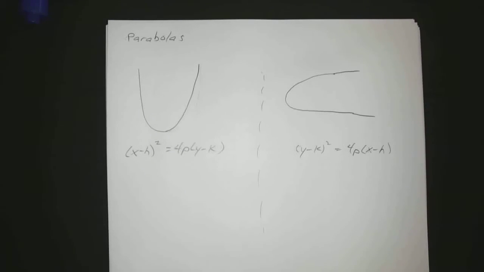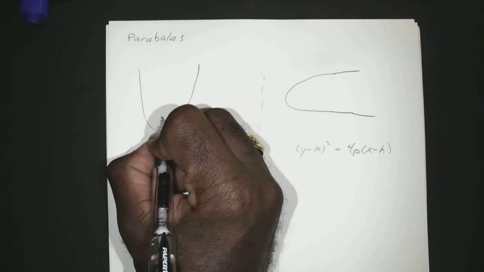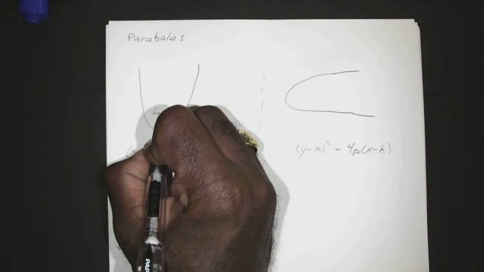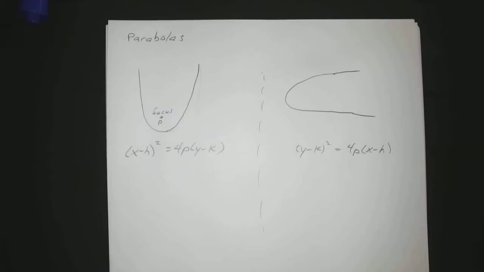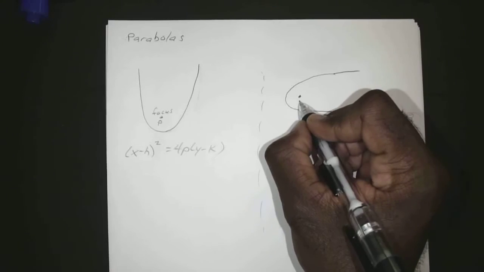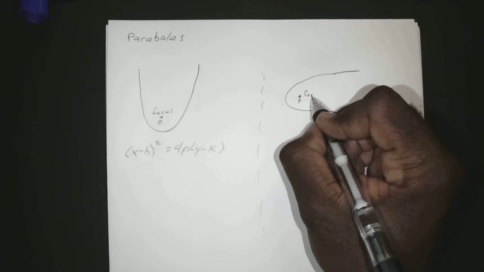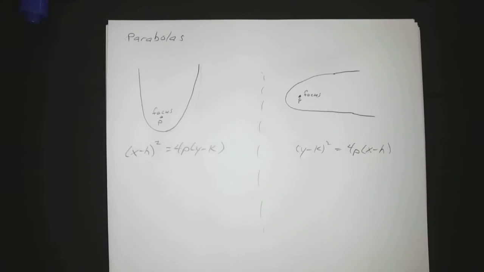Okay. So here your focus point is called P. That's your focus point there. Now the ellipse had two, but for a parabola you only have one.